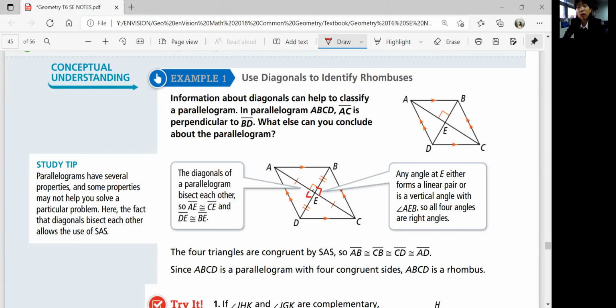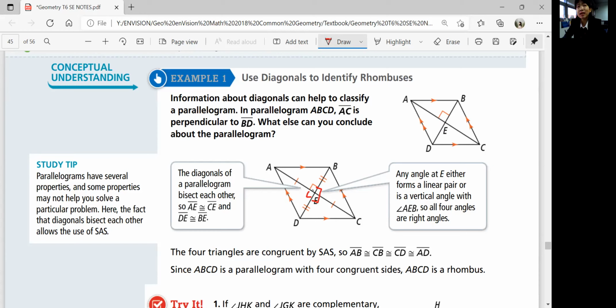So we have four right triangles created, and they're congruent by the SAS theorem, because this side is congruent to that side, and the shorter side is congruent to the shorter side.